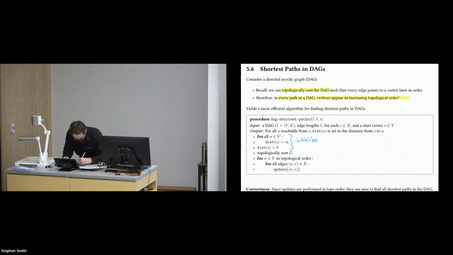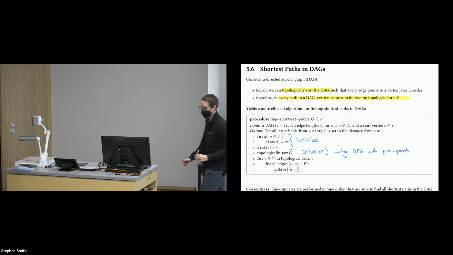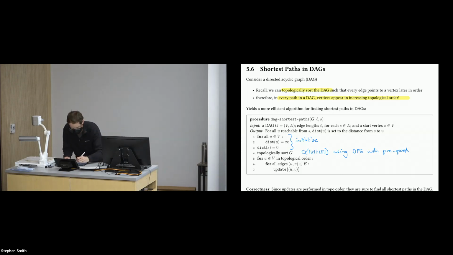So this operation here takes big O V plus E using DFS with pre and post numbers. And then I loop over the vertices in topological order. I process all the outgoing edges from each vertex, and I do the update. And so this loop is just running in the number of edges.